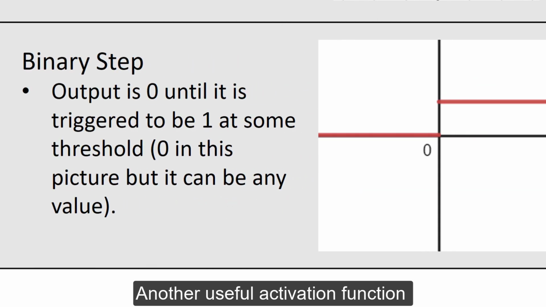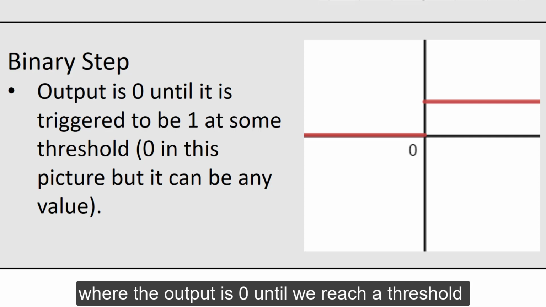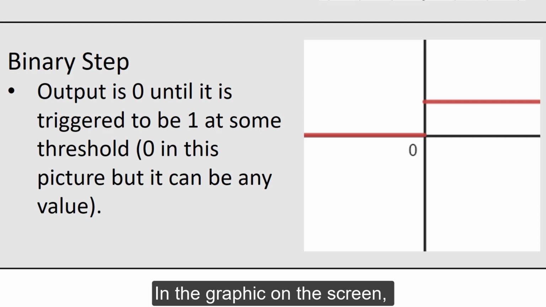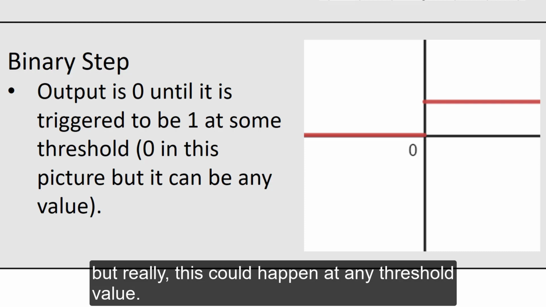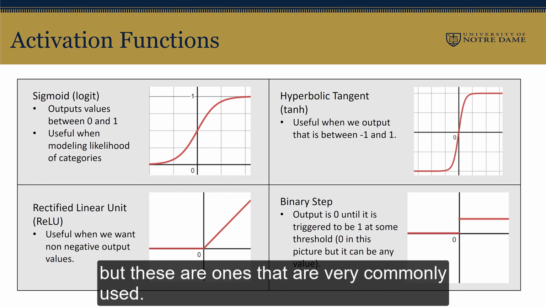Another useful activation function is the binary step, where the output is 0 until we reach a threshold, and 1 once the input surpasses that threshold. In the graphic on the screen, our step occurs when the input is 0, but really this could happen at any threshold value. There are other activation functions beyond these, but these are ones that are very commonly used.